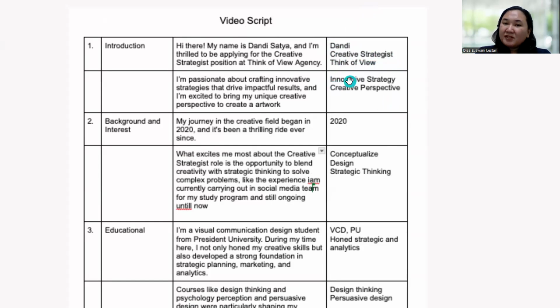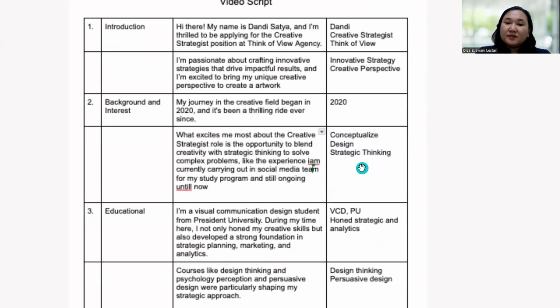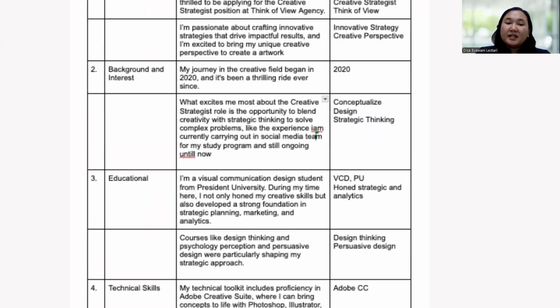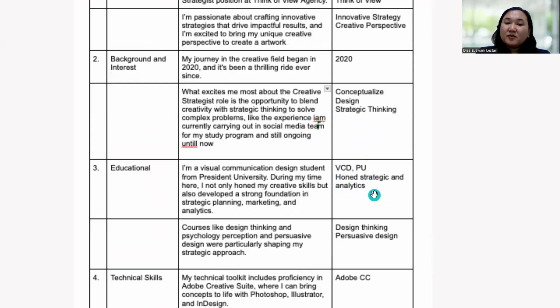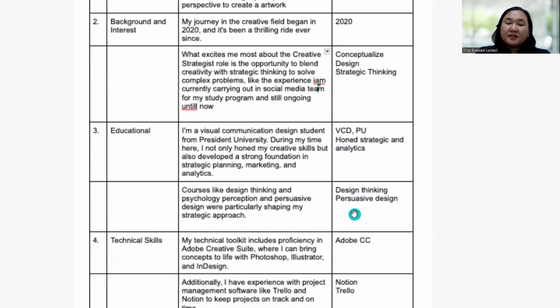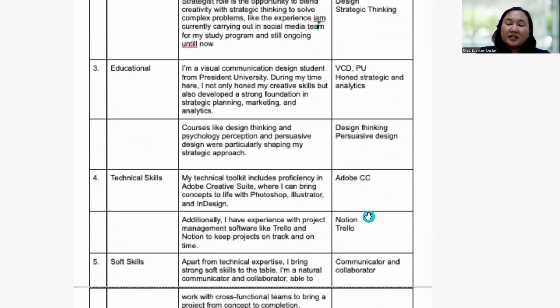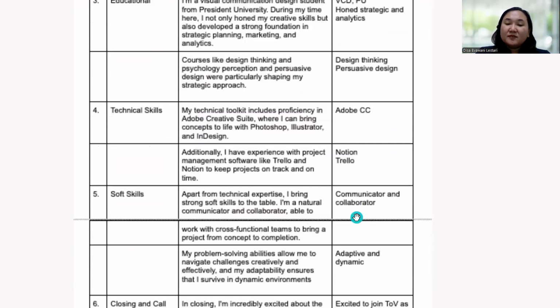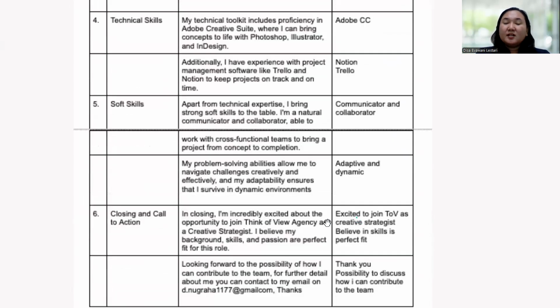And then after that, your passion, and then your background, the things you learn at the university, and then your education, both knowledge and skills, and then the technical skills, soft skills, and closing.